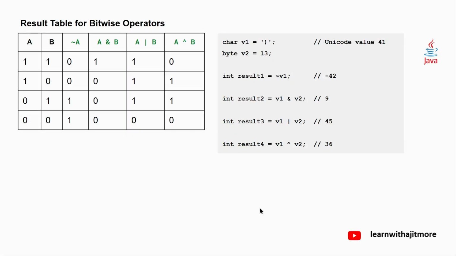I hope you got it. I haven't taken examples of negative numbers. It could be negative also, but if it is negative, you are not supposed to take its binary directly. You have to convert first to 2's complement and then do it. Okay, so I hope that part is clear.